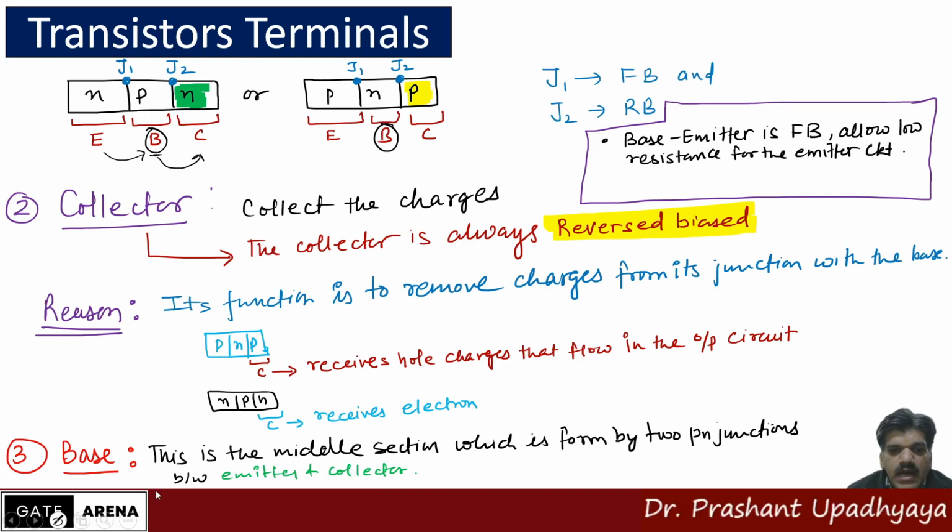And when we are talking about the base-collector, that means this junction J2, the base-collector junction is always reverse biased, and when we say it is reverse biased, it provides high resistance in the collector region or collector circuit.